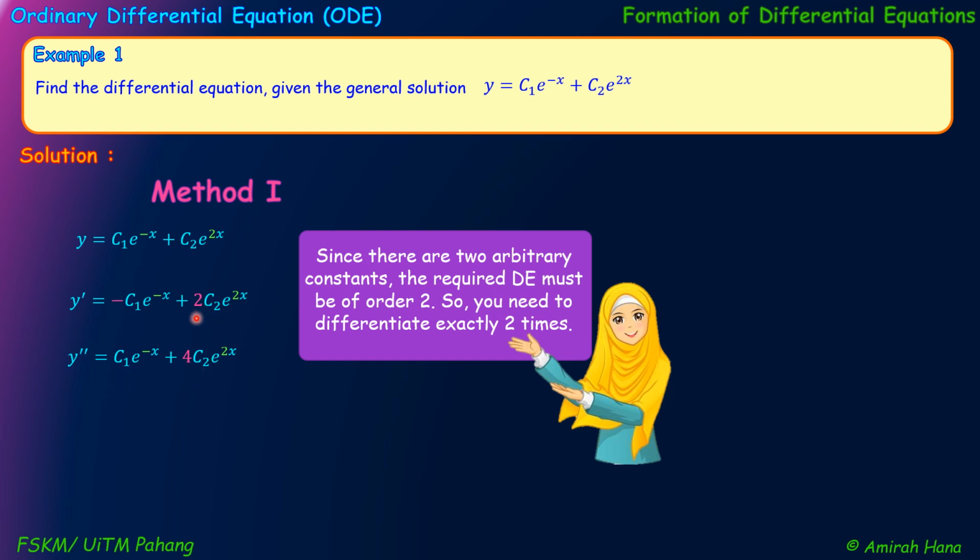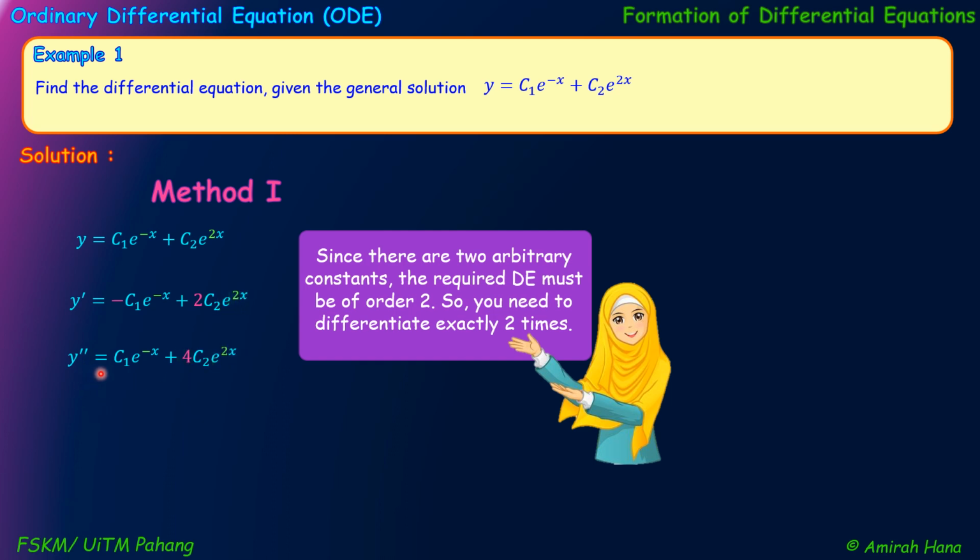And then when we differentiate 2 c2 e to the power of 2x, we still have constant c2 in front. Then when we differentiate e to the power of 2x, we get back e to the power of 2x. After that, we differentiate the exponent 2x, so we have 2 in front, and 2 times 2 equals 4.